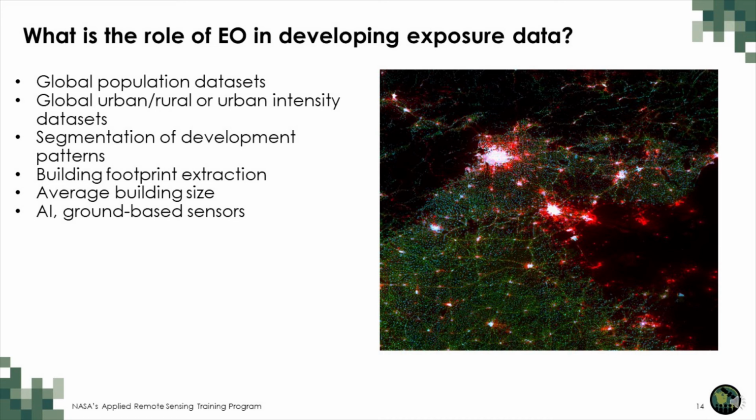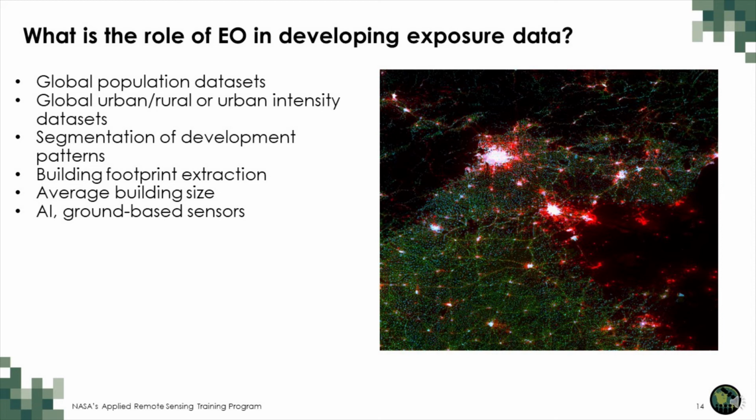Another exciting area is looking at AI on things like video, with people trying to extract window area, presence of soft story buildings, first floor elevation, and various attributes directly from street-based video data, ground-based LiDAR instruments, UAV data, or these types of sensors.